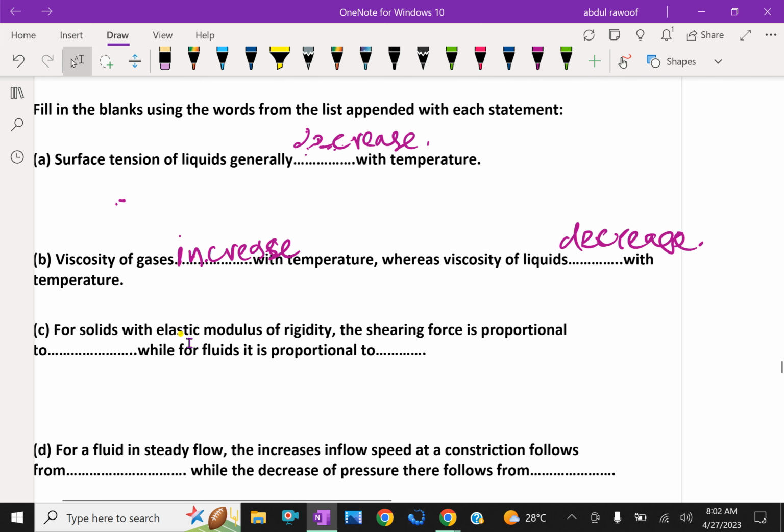Next, for solids, in the elastic modulus of rigidity, the shearing force is proportional to shear strain, while for a fluid it is proportional to the rate of shear strain.